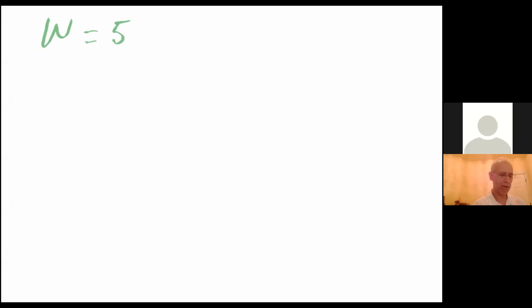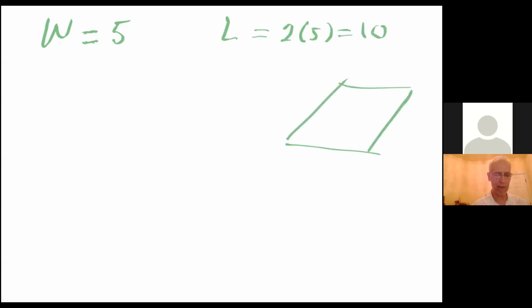So I know that width equals 5. The problem is telling me that length is twice as much as the width. So L equals 2 times 5, that's 10. So my box now has, this is 5, this is 10.